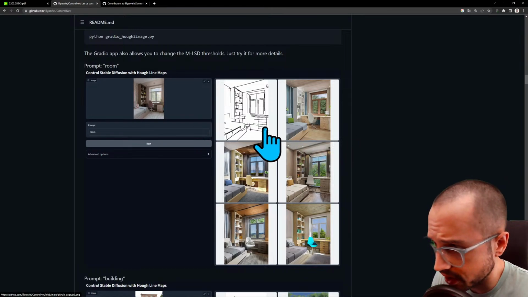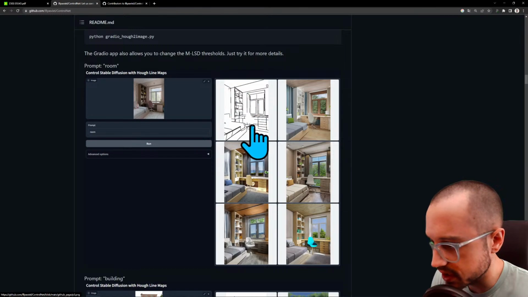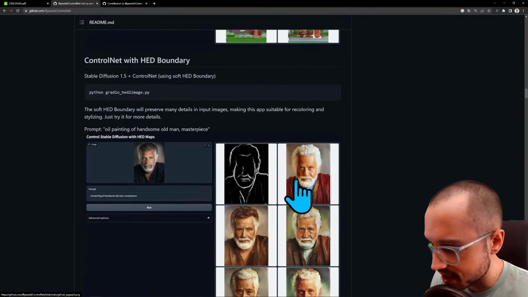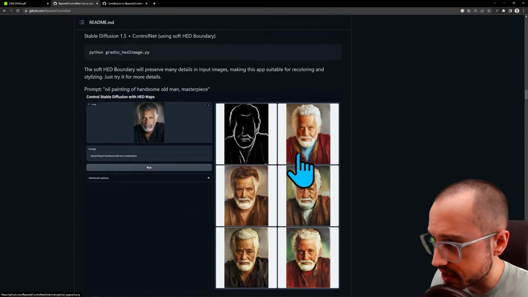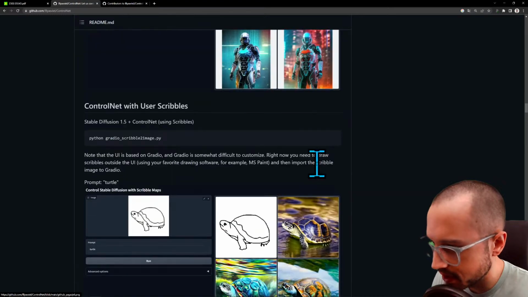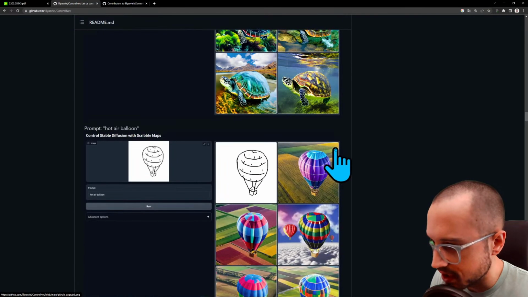So you can see here, given the edges of this room, right? You could think of it almost like a coloring book picture, right? Stable Diffusion will fill in the blanks. And this is incredibly powerful. People are feeding in entire movies frame by frame.